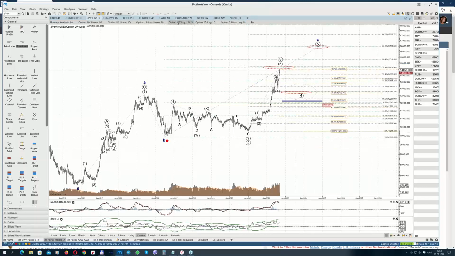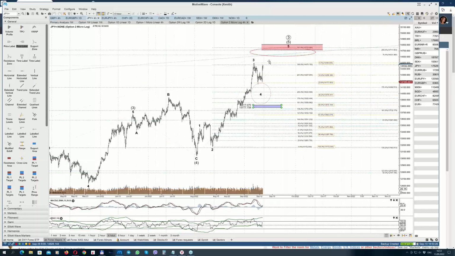Again, take a look at this really huge extension within the wave 3. So a minor truncation on the rally of a minor degree, or not a truncation but missing the ideal target, wouldn't surprise me at all. In the case this count is going to play out, the pair is going to turn down and drop really hard.